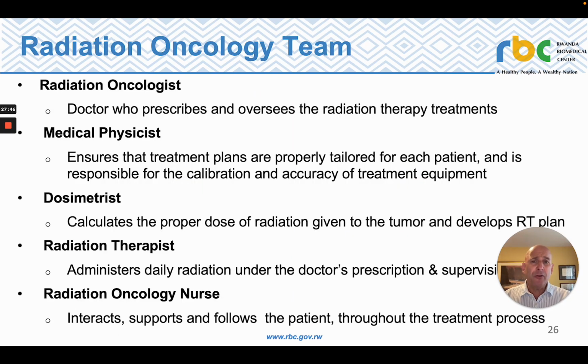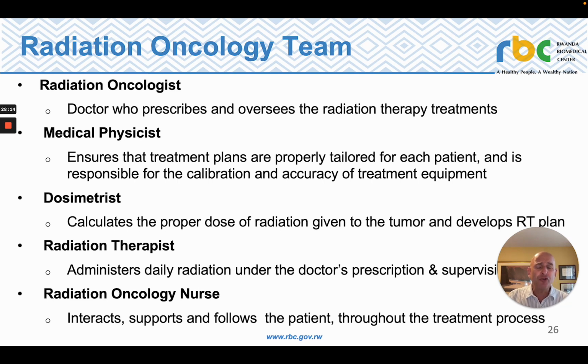When we talk about sending a patient to radiation oncology, patients are being sent to the doctor, the radiation oncologist, but it's important to understand that there's a whole radiation oncology team, including a physicist that ensures that treatment plans are properly tailored for each patient, and the physicist is also responsible for quality assurance and calibration on the machine.